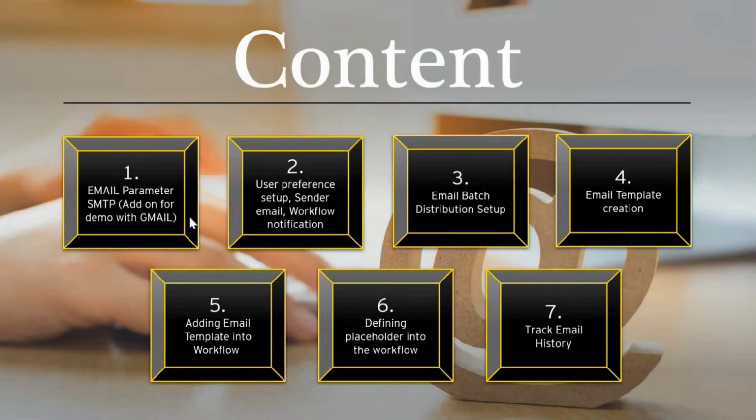Gmail is one server through which email notifications can be sent, or it can be Outlook, or any in-house email ID. These are the servers through which Dynamics can send the email notification to the concerned users or approvers. So let's proceed to the first step.